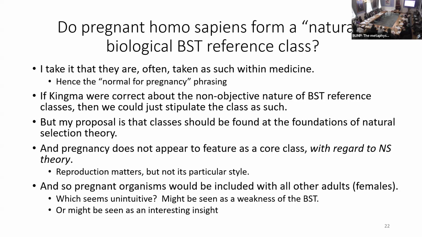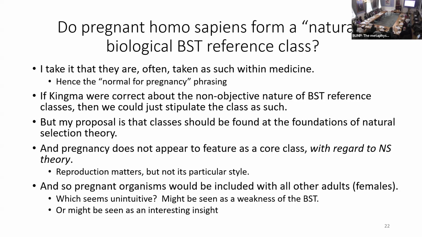Of course, I think my defense is kind of important, because if Edelstein was right that there's just no matter of fact, then we could just stipulate what counts as a reference class, and then we could just decide that we would include pregnant organisms as being their own special reference class. But my proposal is that these classifications should be at the foundations of natural selection theory.